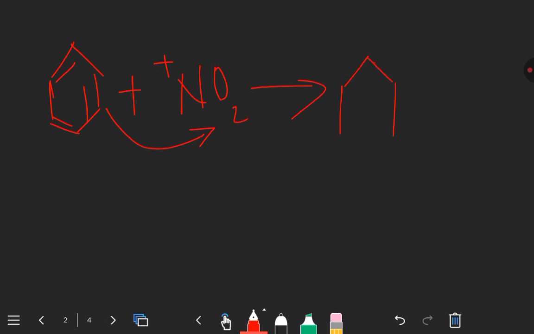Then we are going to form this structure. Okay, so this is the general reaction format. Then of course you're going to produce sulfuric acid and also water, which will be part of the products or the byproducts, right?